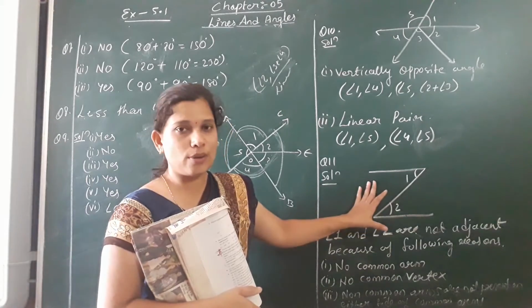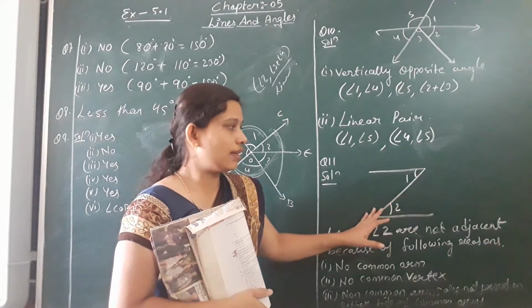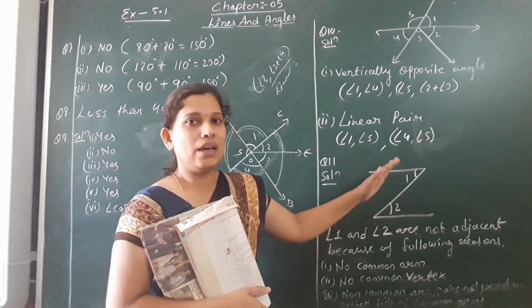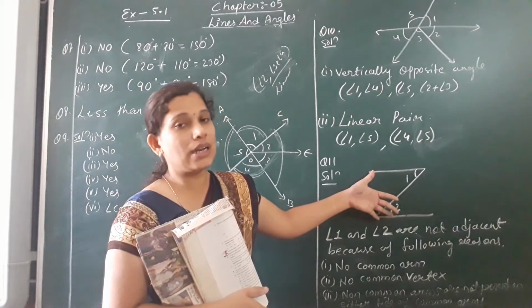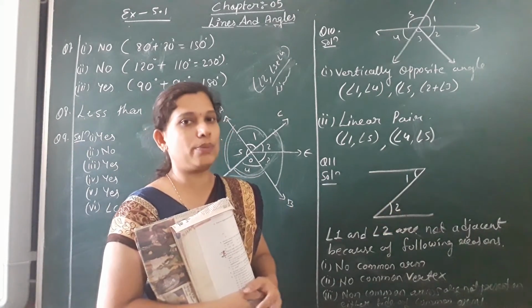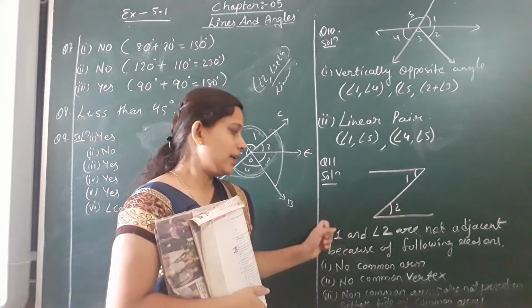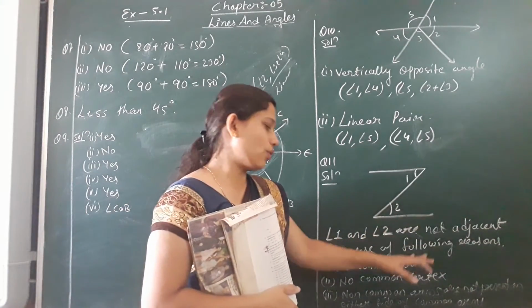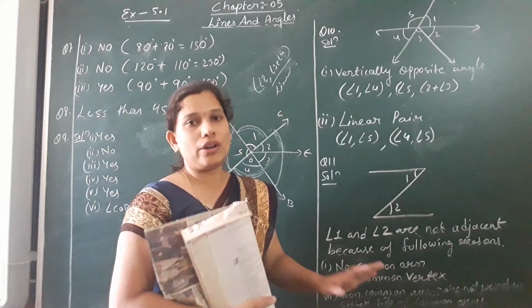So here nothing is common. There is no common vertex, no common arm, and the non-common arms are not present on opposite sides of the common arm. That's why angle 1 and angle 2 are not adjacent angles because of the following reason.